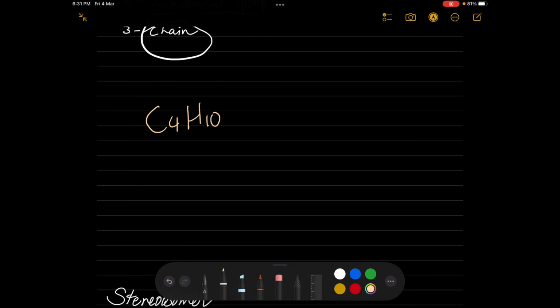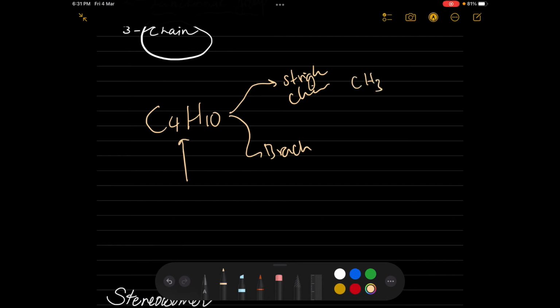In this case, I can draw this as a straight chain, and I can draw it in a branched form. This is an alkane and appears like CH3, CH2, CH2, CH3. So this is a straight chain. Great. What about the branched form?